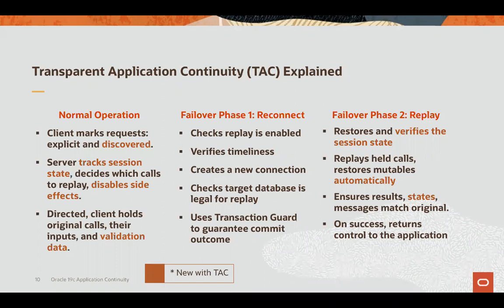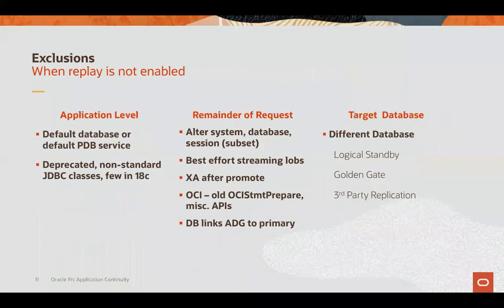And then in the second phase, we make sure that the replay was successful, and we notify the application that the transaction has been successfully executed on the database, and the control is returned to the application. This is how transparent application continuity works in 18c and above.